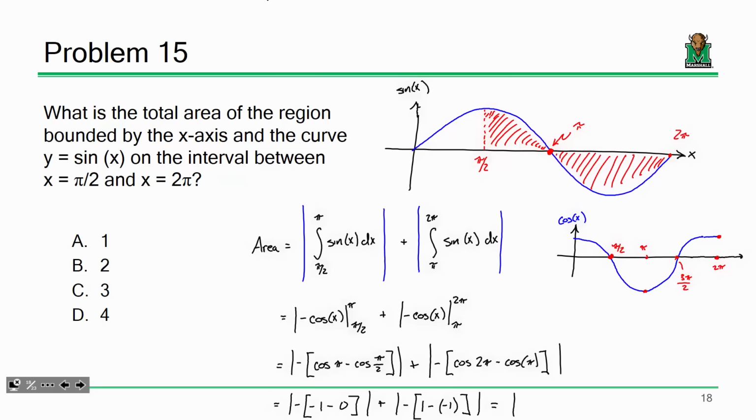Inside that bracket, I have negative 1, so that's the absolute value of 1, plus over here, inside that bracket, I have 2, so that's the absolute value of negative 2. So that comes out to be 3.